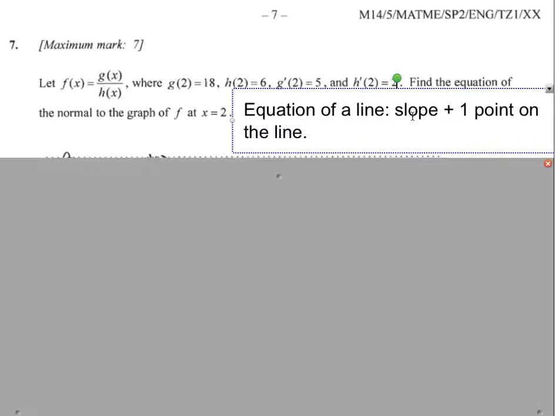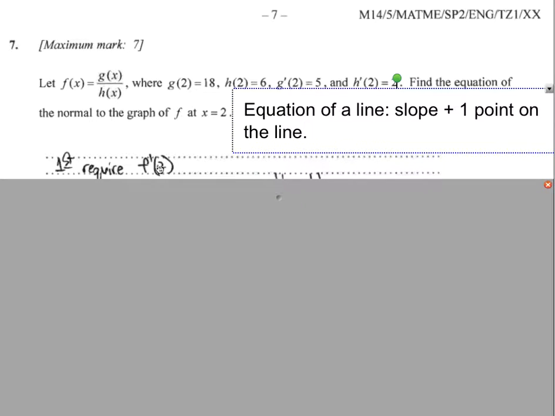To find the slope, that's a rate of change. Calculus specializes in finding rates of change by virtue of the derivative. So we're going to have to do the derivative of the function f. And because it's a quotient, we may need our formula booklet for the quotient rule. So let's have a look, shall we?